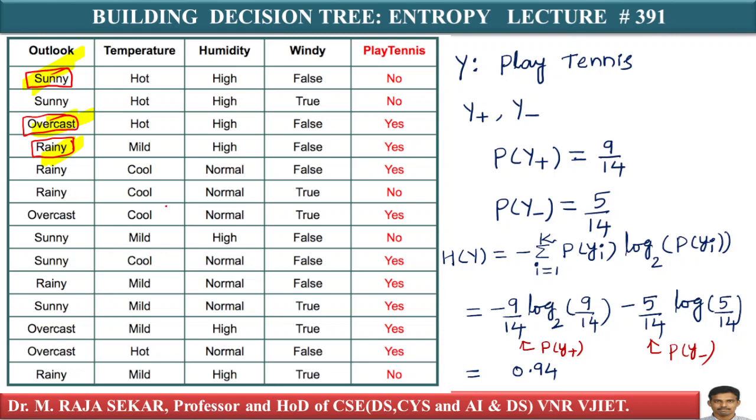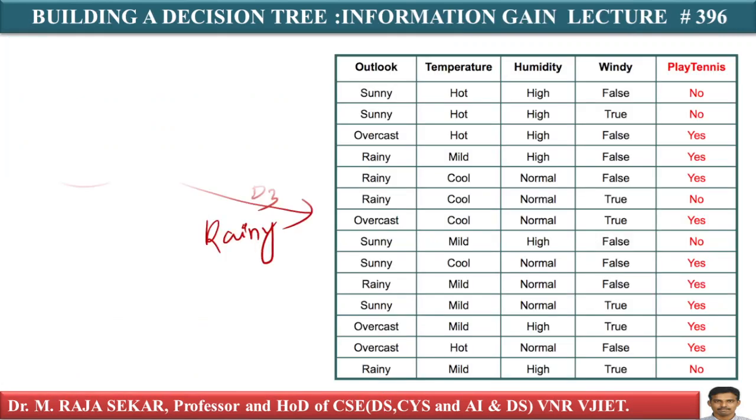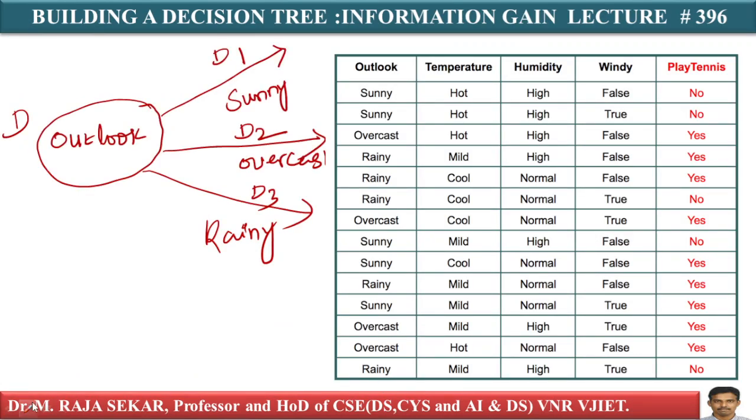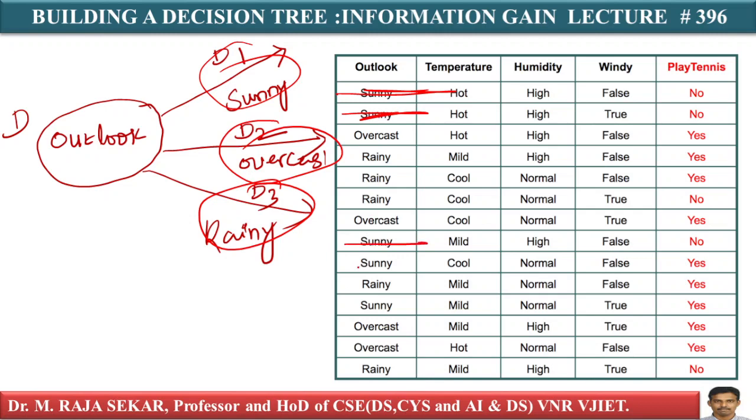Given a data set D, I am breaking capital D into D1, D2 and D3, isn't it? One is D1, related to sunny, D2 is related to overcast, and D3 is related to rainy. How many sunnies are there? 1, 2, 3, 4, 5.